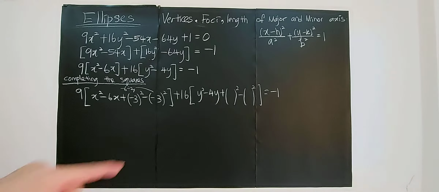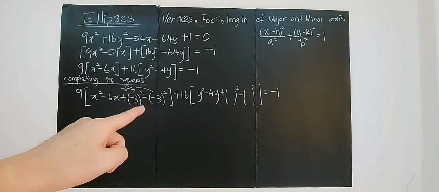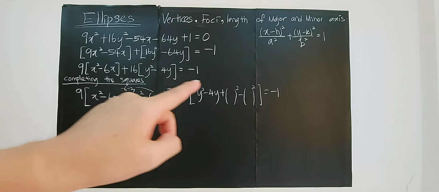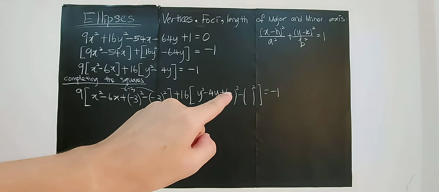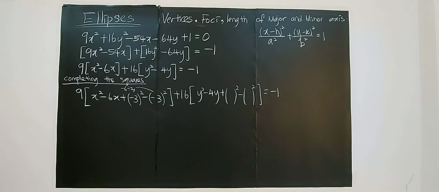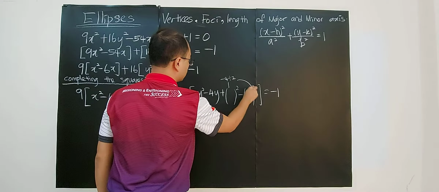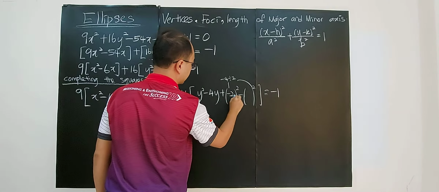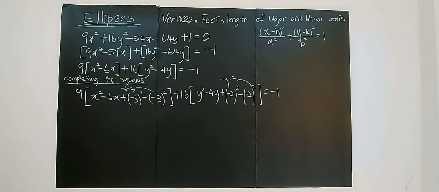As I take negative 6 divided by 2, I get negative 3. And for this also, I have to take the b, the negative 4 divided by 2 for both of these, alright? So I will get negative 2, negative 2. So this is the way of doing completing the square.